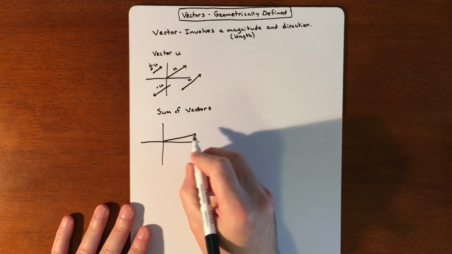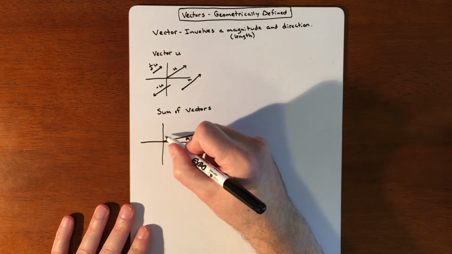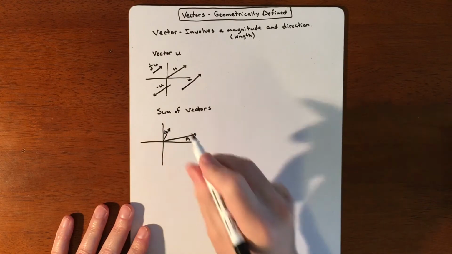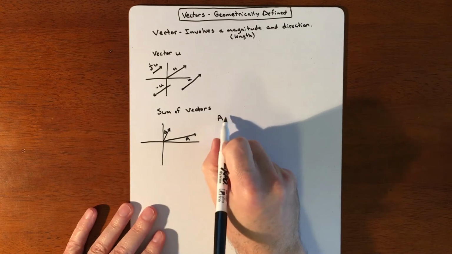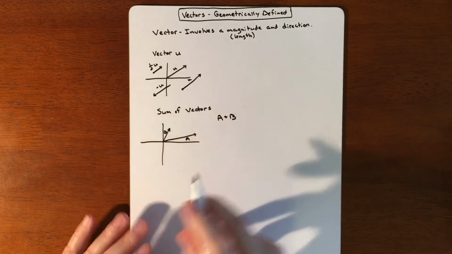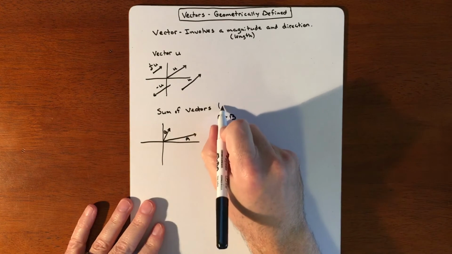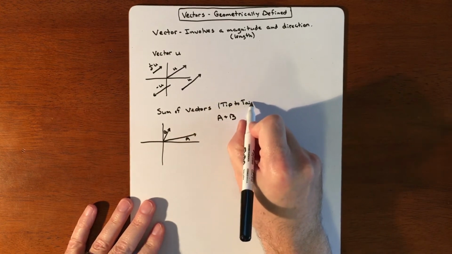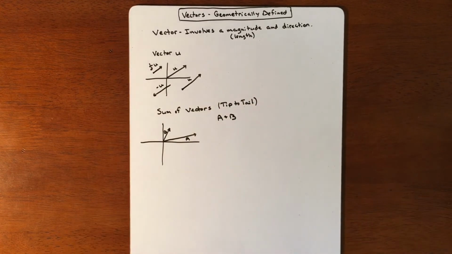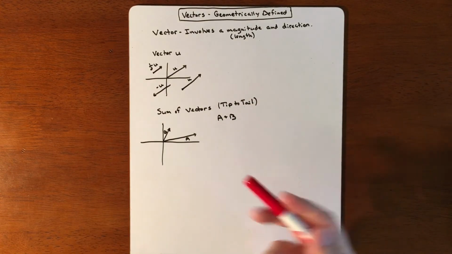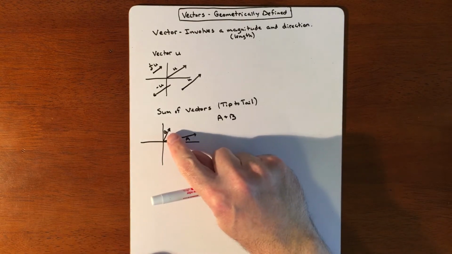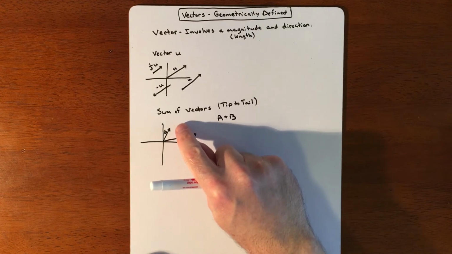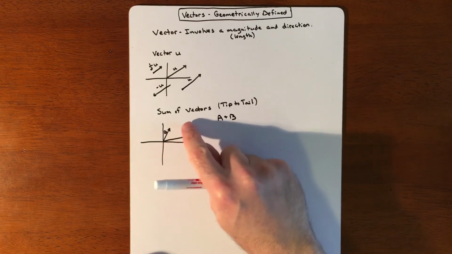If A looks like that, and B looks like that, then to add vector A plus vector B, you're adding tip to tail. So you're going to tack one vector onto the other vector. It's basically like taking this vector and moving it over and tacking it onto this, or taking vector A and tacking it tip to tail on that.